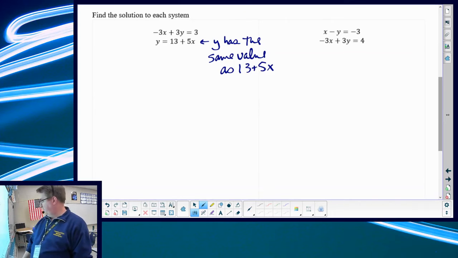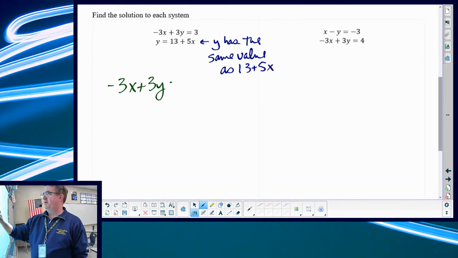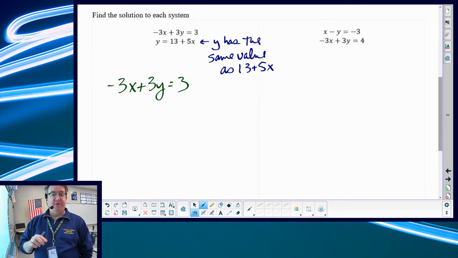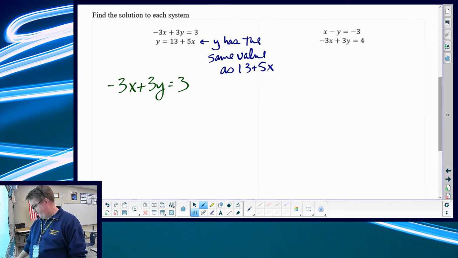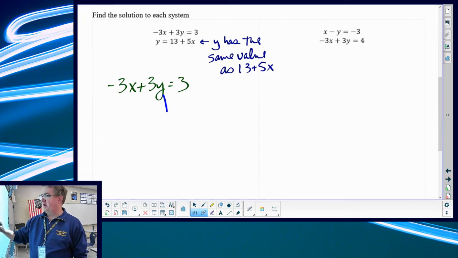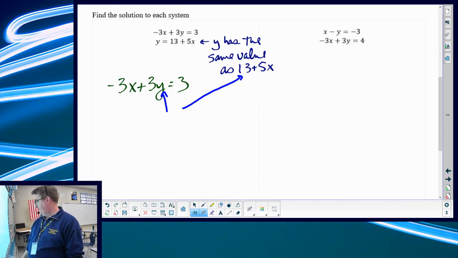So what we're going to do then is this. You always play with the other equation. Here's the other equation on top: negative 3x plus 3y is equal to 3. Now remember, same values within the same equation. So what is this y right here really worth? It's y, but it is also 13 plus 5x, right?